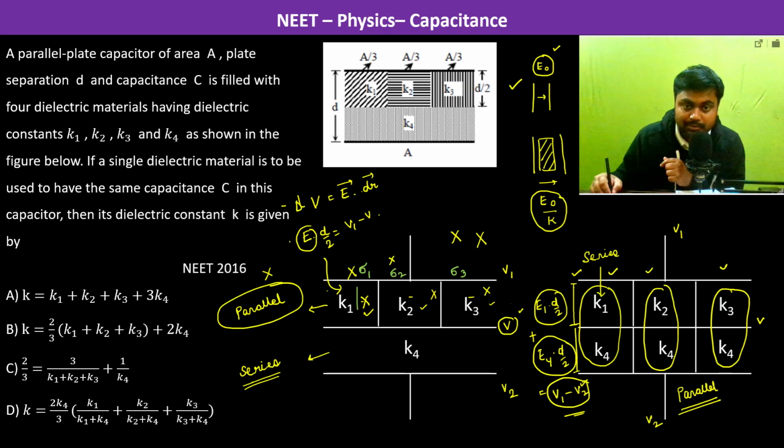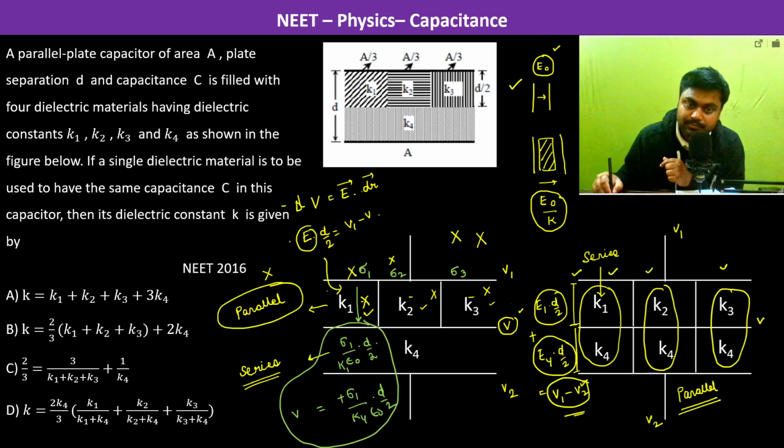So here sigma 1 by epsilon naught into d by 2, with K1 also here, plus again sigma 1 by K4 into epsilon naught into d by 2. This should be equal to the total potential change.